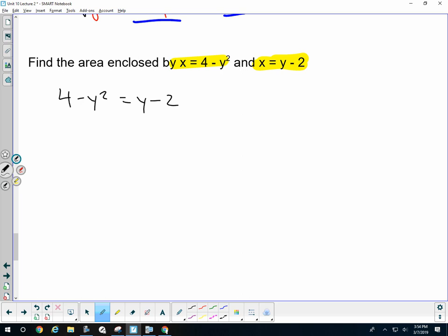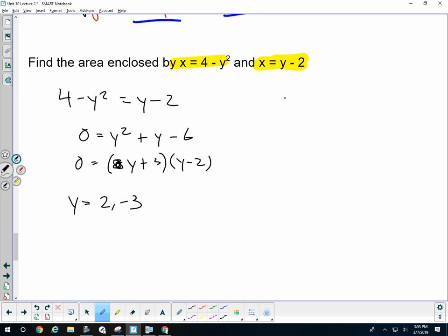I'm going to first find the intersections, just like I would. Solve this quadratic. Factor. And what I'm getting are y coordinates where these graphs intersect, when y is 2 and when y is -3.